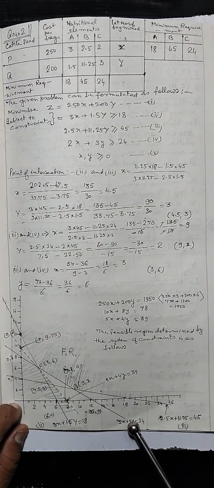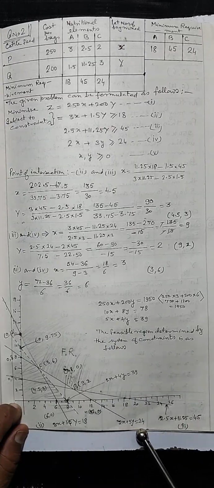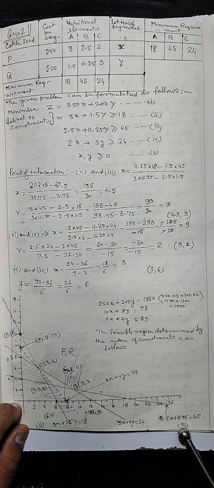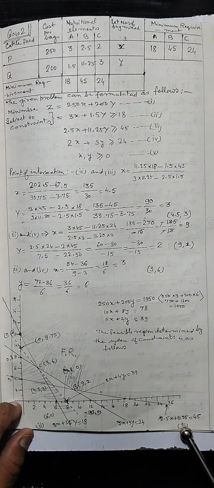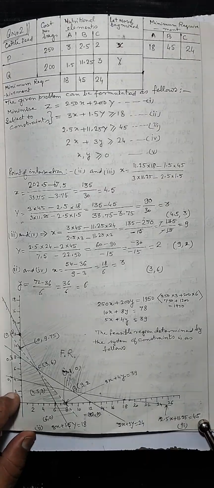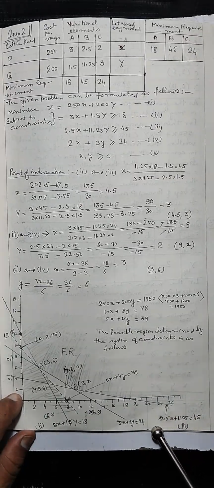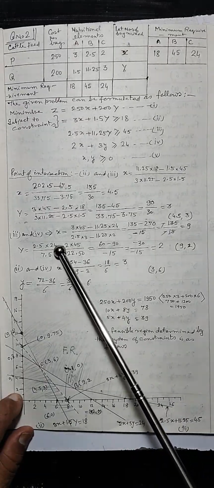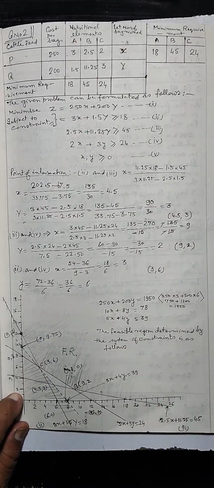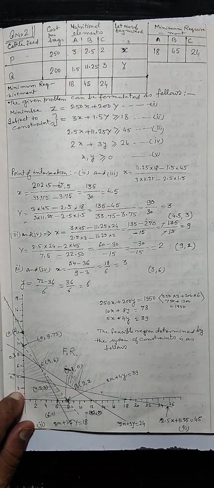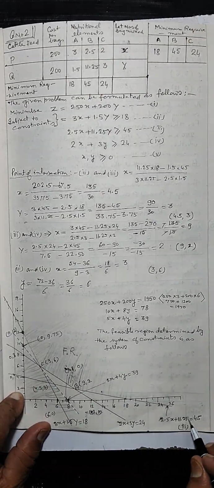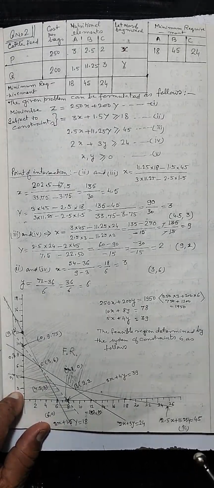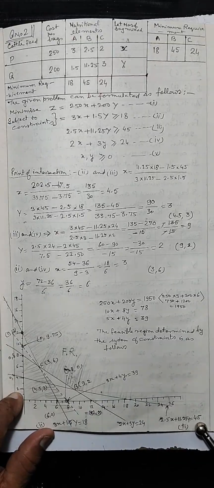Similarly, here also 2x plus 3y is equal to 24, and 2.5x plus 11.25y is equal to 45 is the third equation.